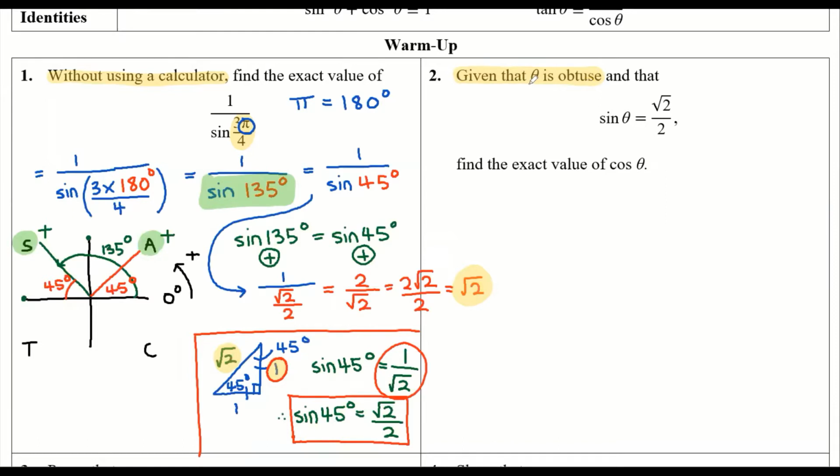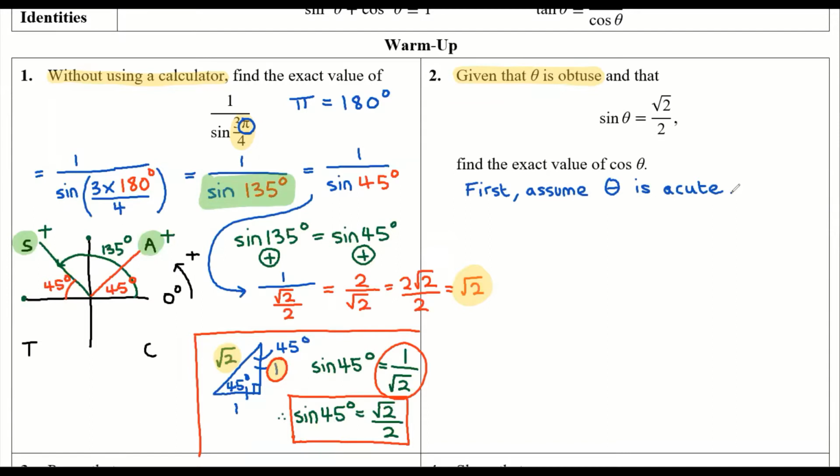So let's make a note of this. Firstly, assume theta is acute, and then we'll deal with the obtuse version later. So assume it's an acute angle, between 0 and 90.